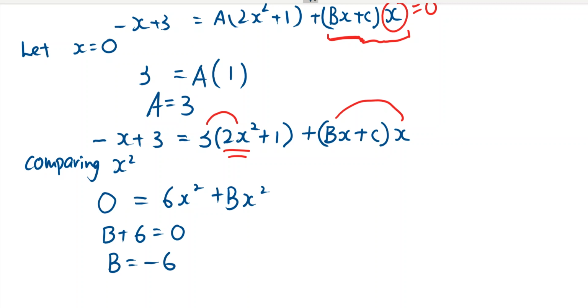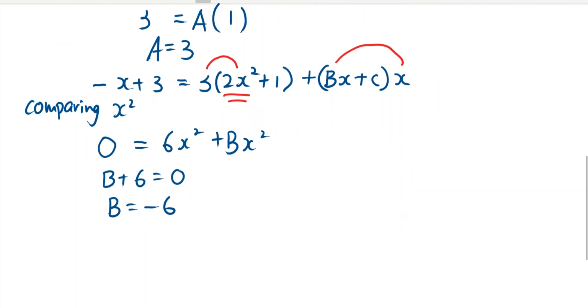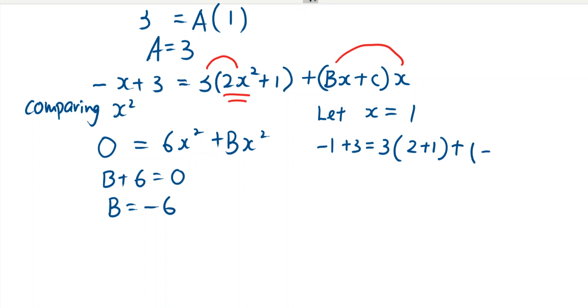Once I have that, I can either use comparison again, or I can let x be equal to 1. So I will let x be equal to 1. My left hand side will be negative 1 plus 3 equals 3 bracket 2 plus 1 close, plus my b is negative 6, plus c.